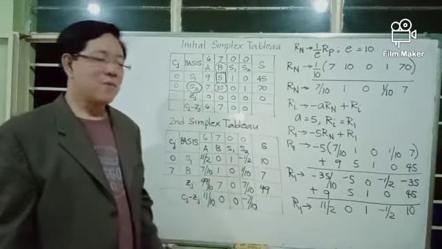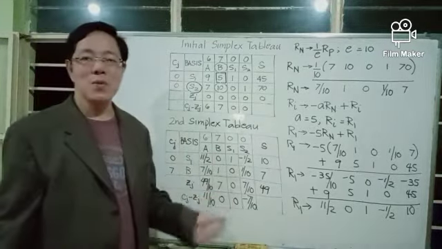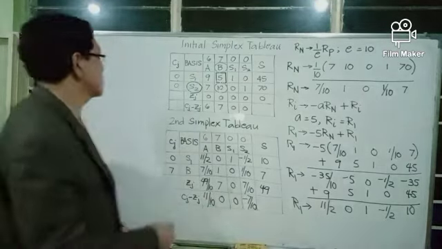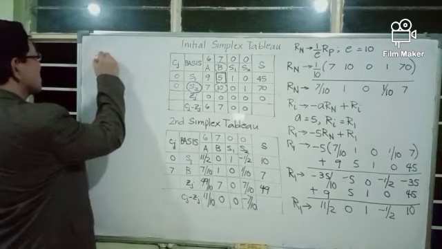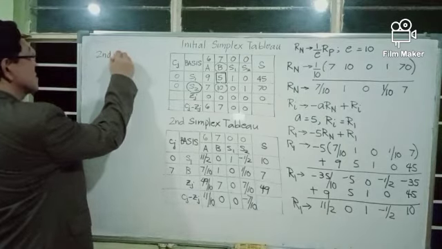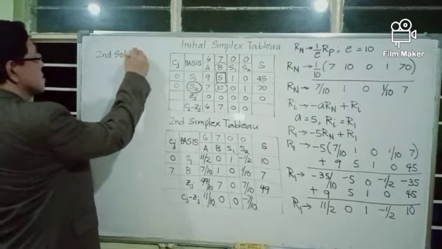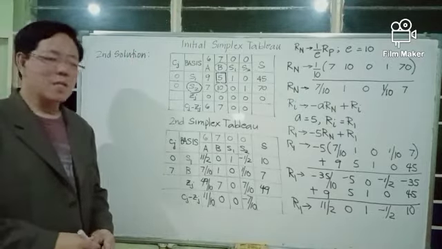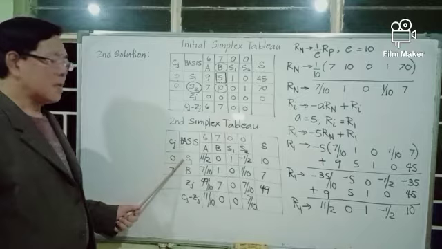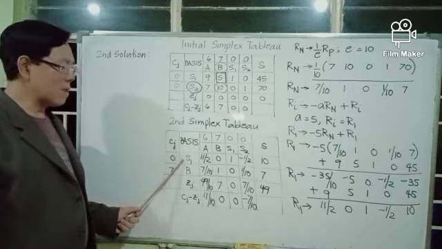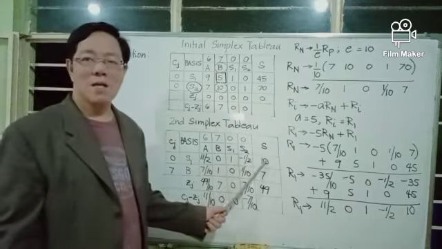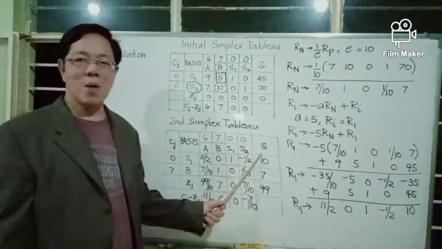We do the same for the second simplex tableau to write our second or new solution. We start with the variables in the basis column. The values of the variables in the basis column are the corresponding entries in the solution column.